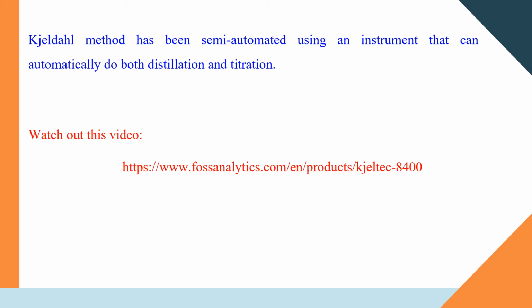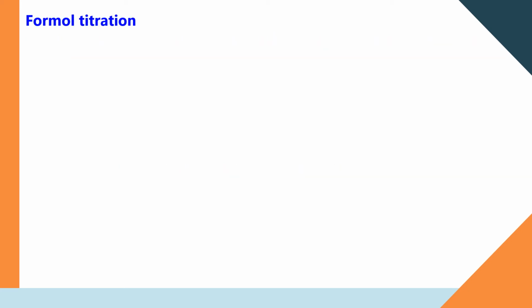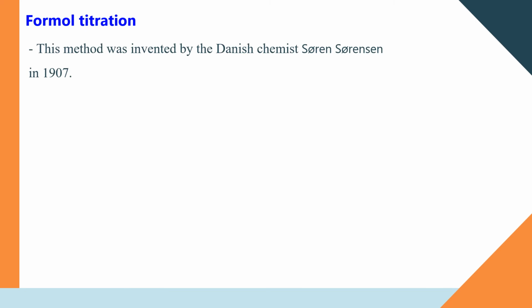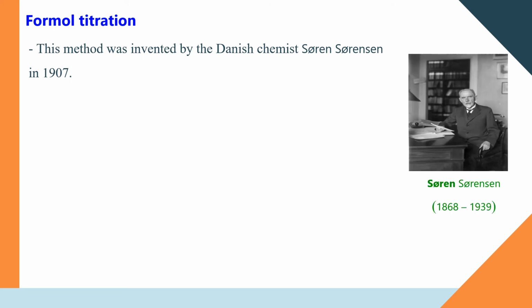Okay, so let's move to another method, which is the formol titration. Formol titration was invented after the Kjeldahl method. It was invented in 1907, and the inventor was another scientist from Denmark. His name was Søren Sørensen.